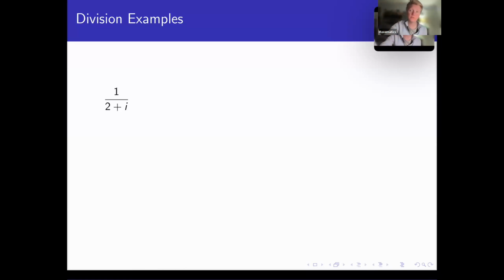All of the complex numbers we've talked about so far have been in the numerator. Okay, so the conjugate of 2 plus i would be 2 minus i. And just like everything else we've done, multiply it in the numerator and in the denominator. So what we get is 1 times 2 minus i over 2 plus i times 2 minus i.